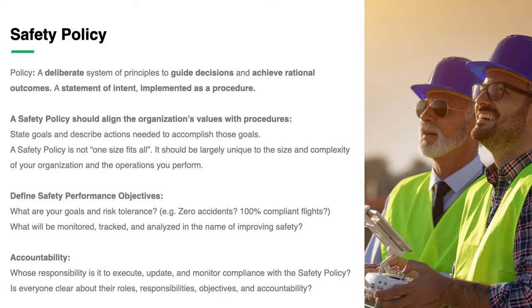For example, you could be prioritizing having zero accidents or zero incidents while operational for a period of time. Or it could be that your goal is 100% compliant flights from everyone in the operation. These are complementary goals, but they're not exactly the same thing. Part of developing a safety policy is going into more detail about what you value in terms of safety and what sort of procedures will help you get from A to B.